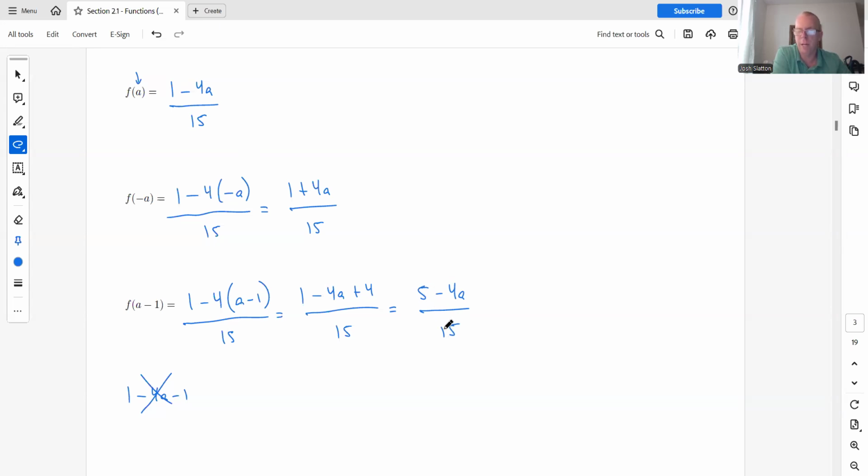You can't factor out a 5 and then cancel out the 5s. That would only work if this one was also a multiple of 5. And then if this is a multiple of 5, you could factor out the 5 and then cancel it with the 5 times 3, which is 15. So don't cancel things that are attached by addition or subtraction. It doesn't work that way.